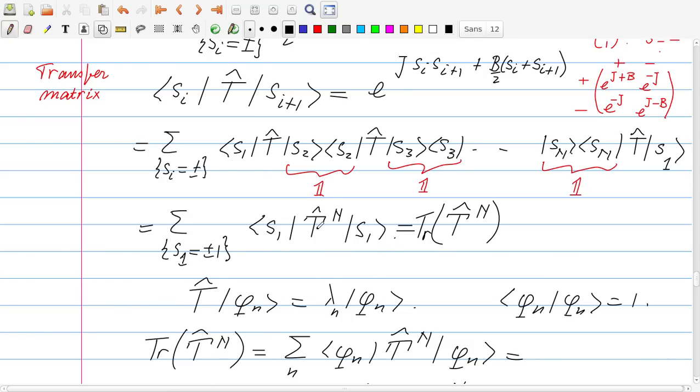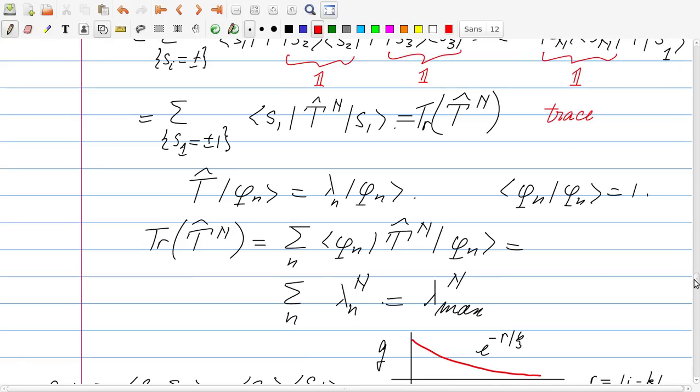I have the matrix element of T to the power N, this operator raised to the power N, between S1, S1, that's a diagonal matrix element, and I have to sum over these diagonal matrix elements. And if we sum the diagonal elements of a matrix, we have a notation for that. It's called the trace. Trace is just the sum over the diagonal matrix elements.